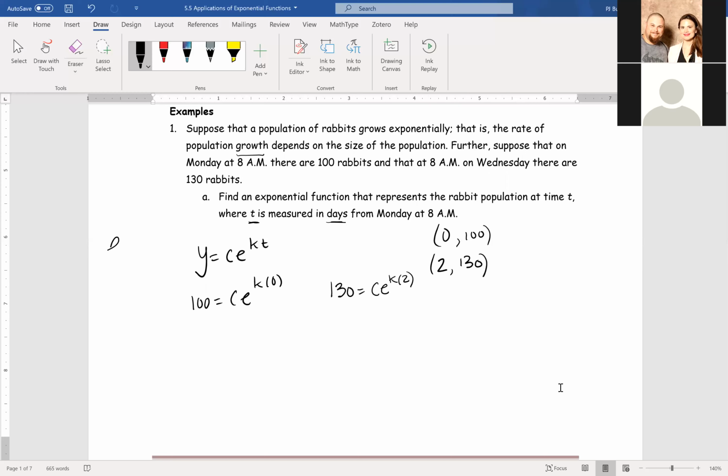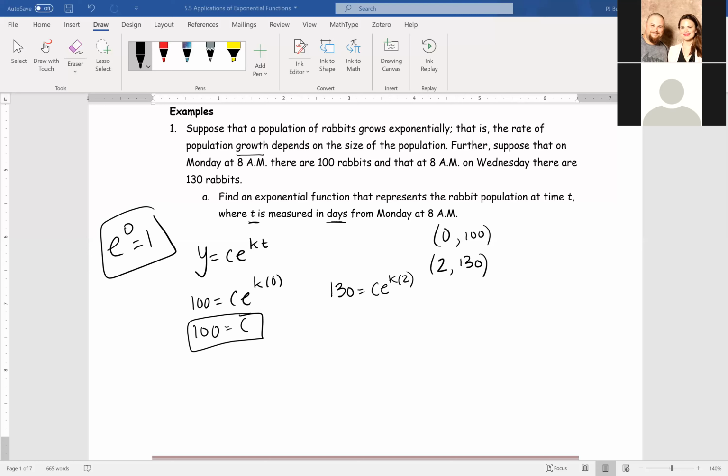And we should know that e to the 0 is 1. That's one of those properties of the exponential that we had. So this gives us 100 equals c. That's one of the constants we had to solve for. The other is k, which is that constant of proportionality.